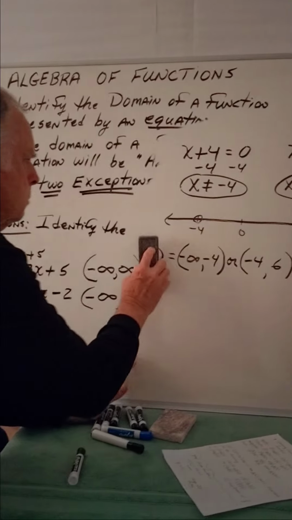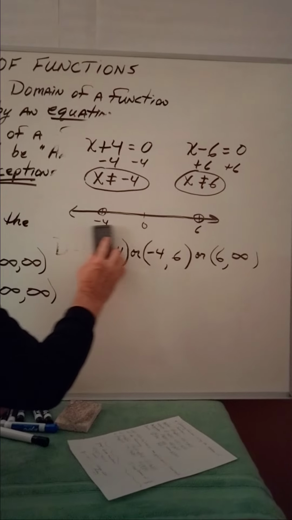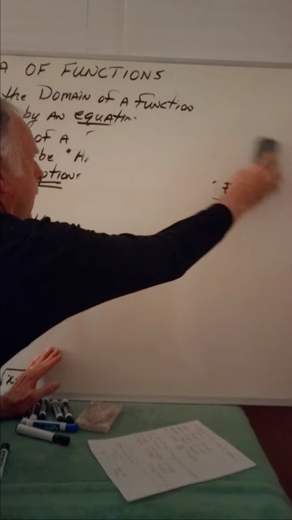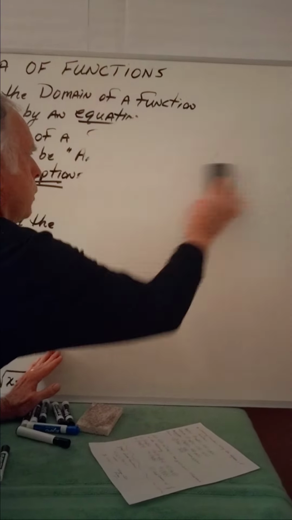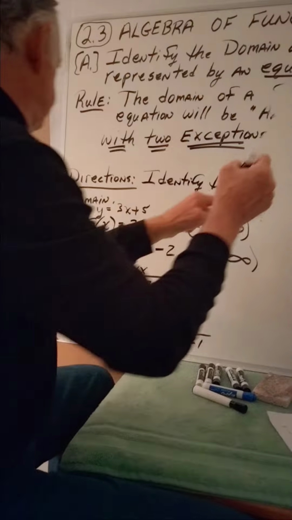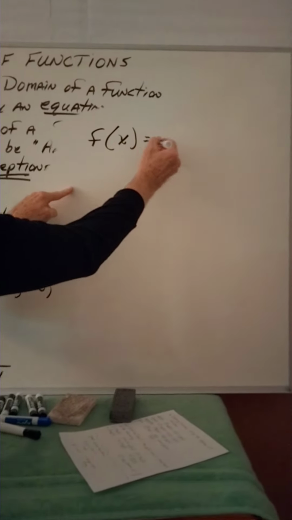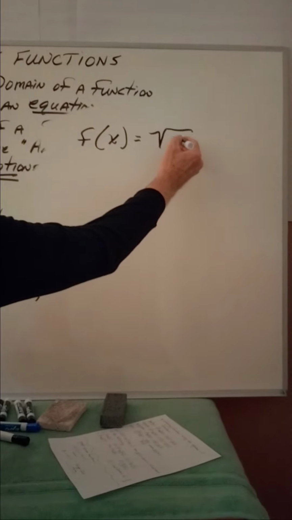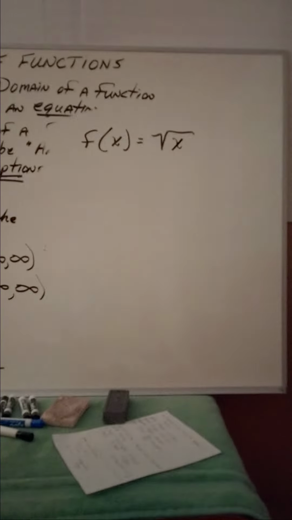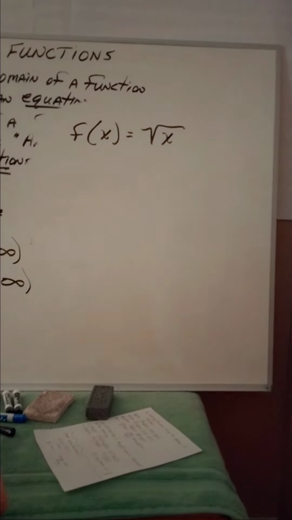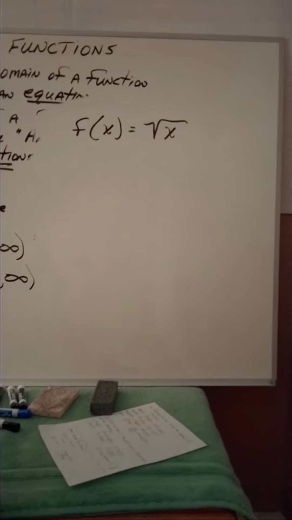Now just one more. We'll do a square root one, so you see. I alluded to it, but now we'll do it. Let's start with this one. F of x is equal to the radical of x. It's a square root. Notice the domain value is in the radicand position.